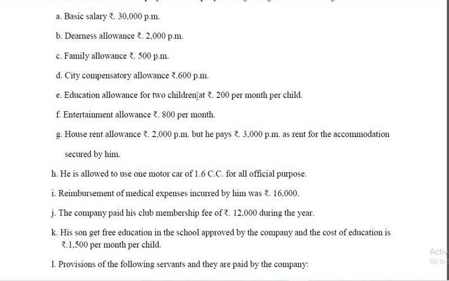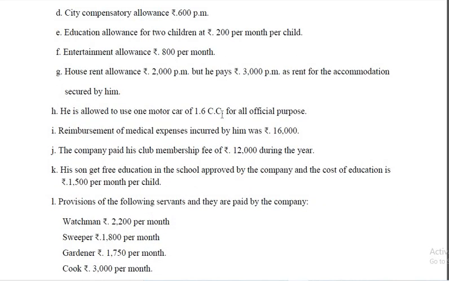Education allowance for 2 children at rupees 200 per month per child. The exemption is 100 per child per month for 2 children, so that is exempt. Entertainment allowance 800 per month is fully taxable, so 800 into 12.